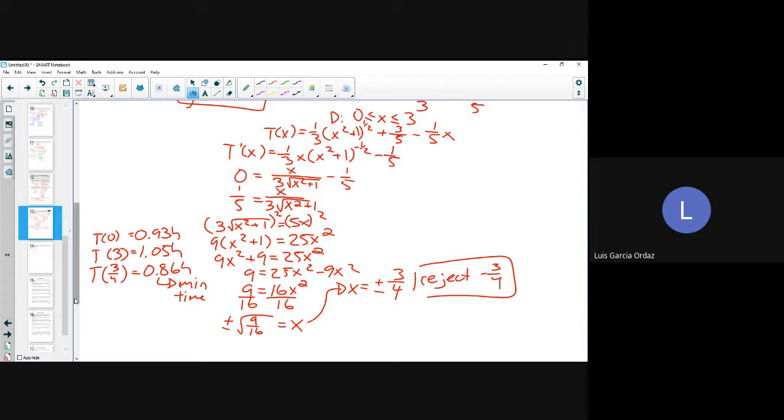So my statement would be, therefore, you should land 0.75 kilometers from the closest point to the island.